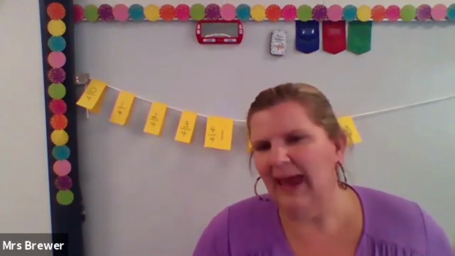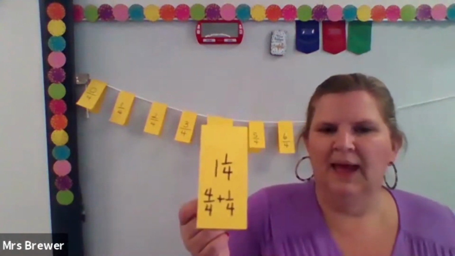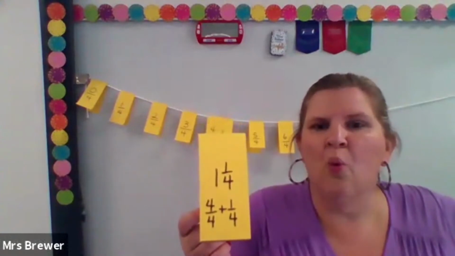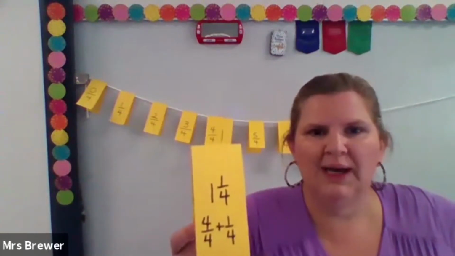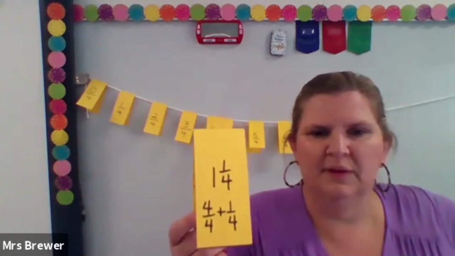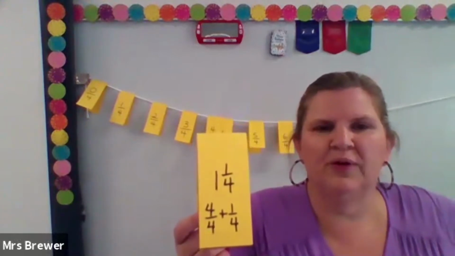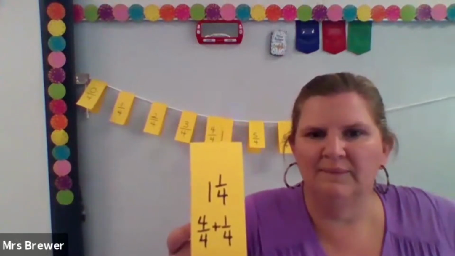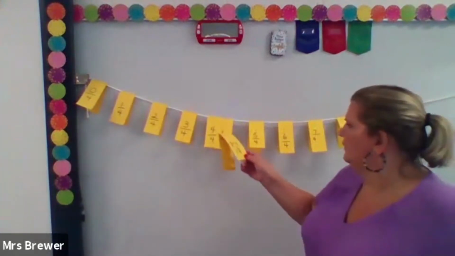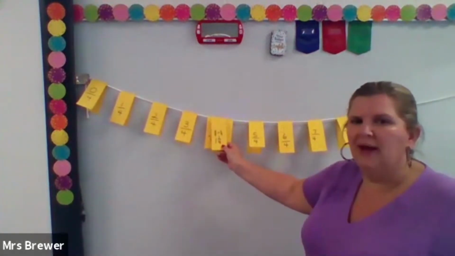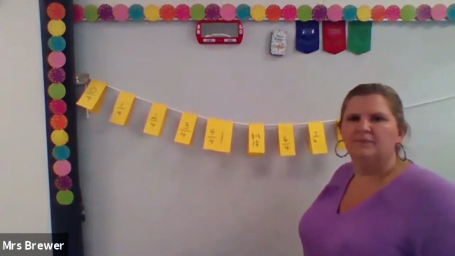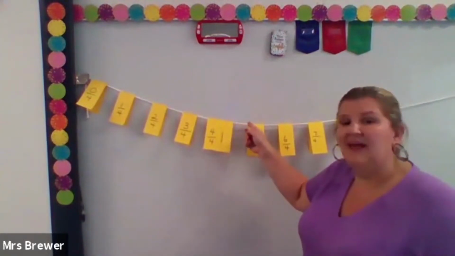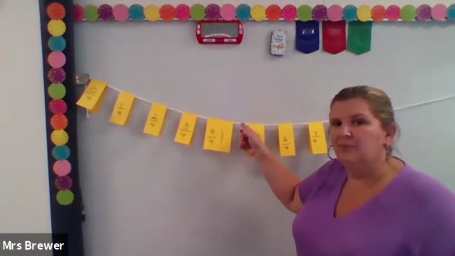So when I look at 5/4, I can think of 5/4 as 4/4 plus 1/4, I'm sorry. 4/4 plus 1 other fourth, correct? So we know that 4/4 is equivalent to what? To 1 whole, right? So 5/4 would be 1 whole, plus 1 more fourth. Because we know each of these pieces are equal to what? 1/4.